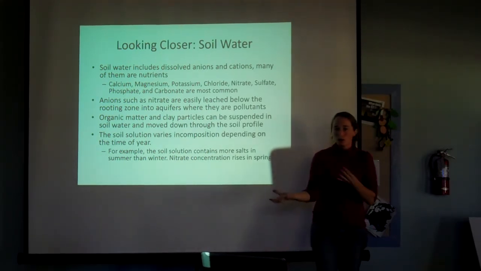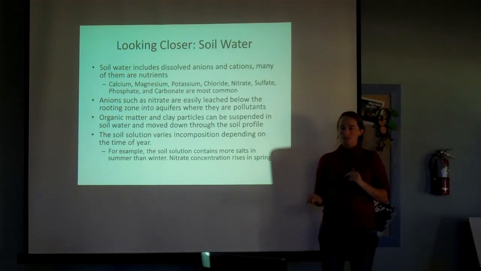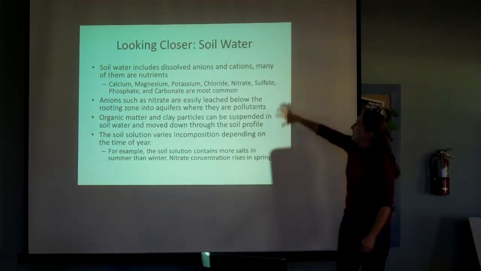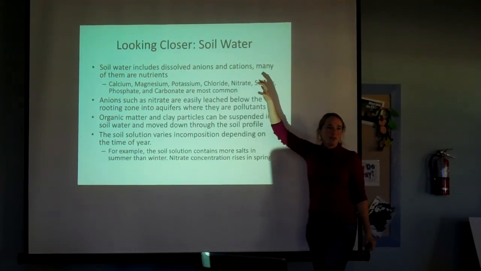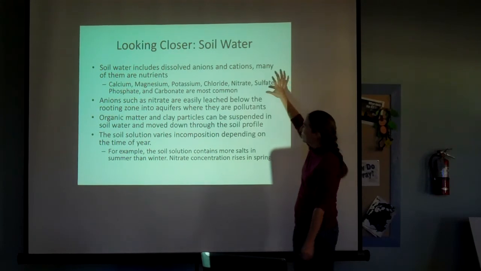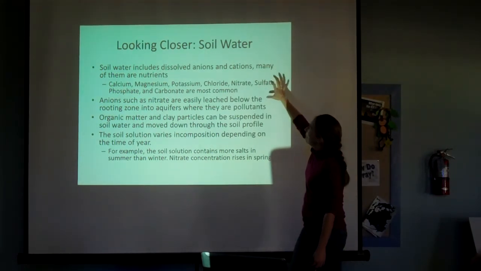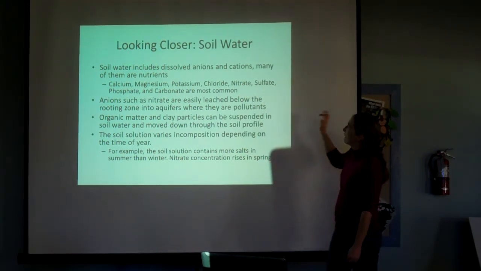Soil water. So soil water can also fill up the pore spaces. It includes dissolved anions and cations. I didn't put the chemical formulas up there because I think a lot of people get weird when you put chemical formulas. I don't want to give anybody the squicks. But a lot of these are mineral nutrients of plants: calcium, magnesium, potassium.